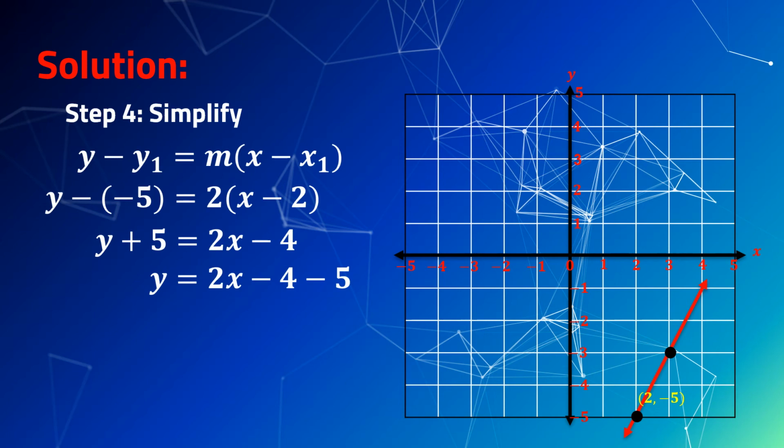From the left side, the sign will change, so that positive 5 will become negative 5 by transposition. And then the resulting equation is y is equal to 2x minus 9. Now that is the equation of a line passing through (2, -5) having a slope of positive 2.